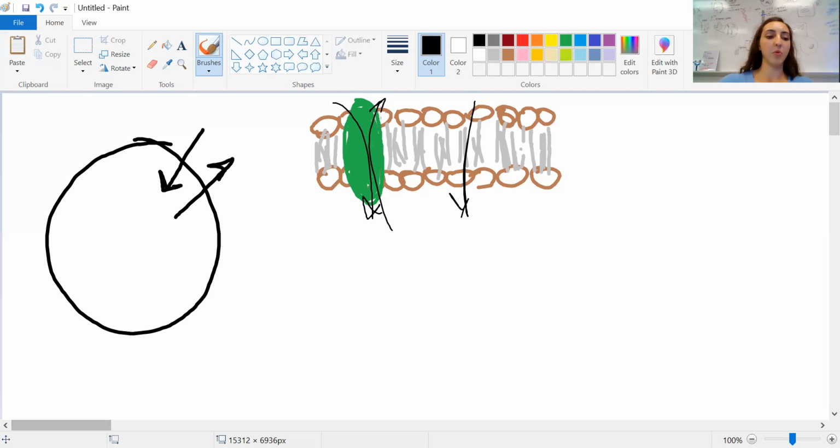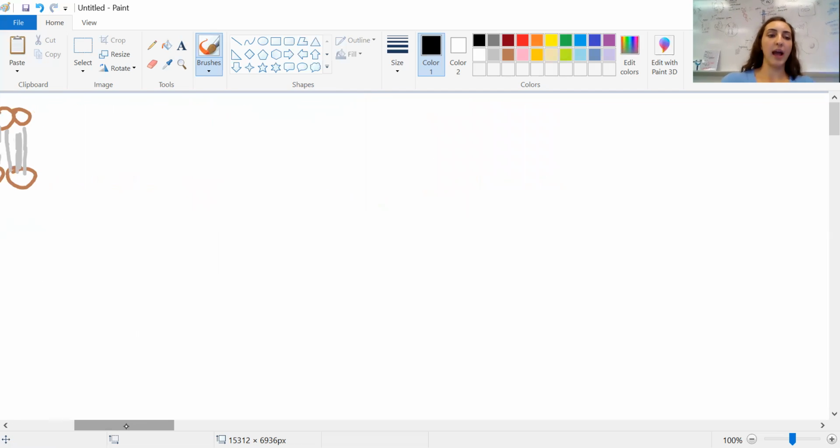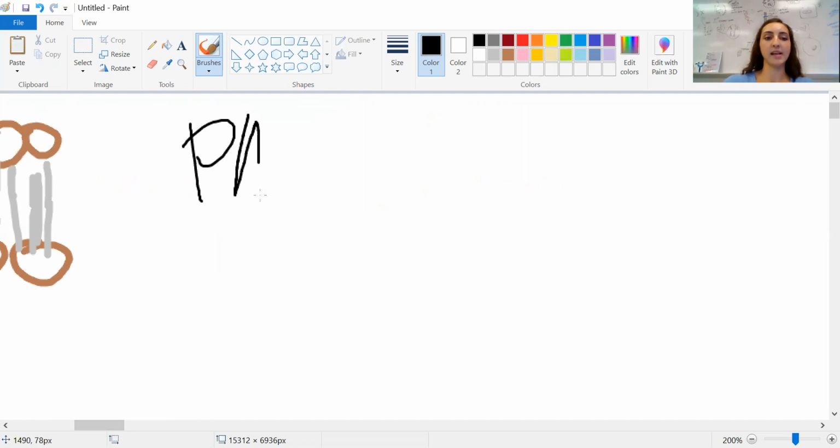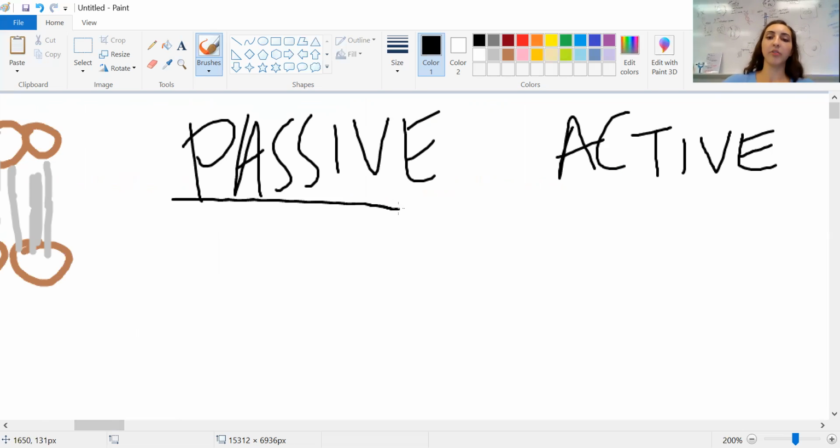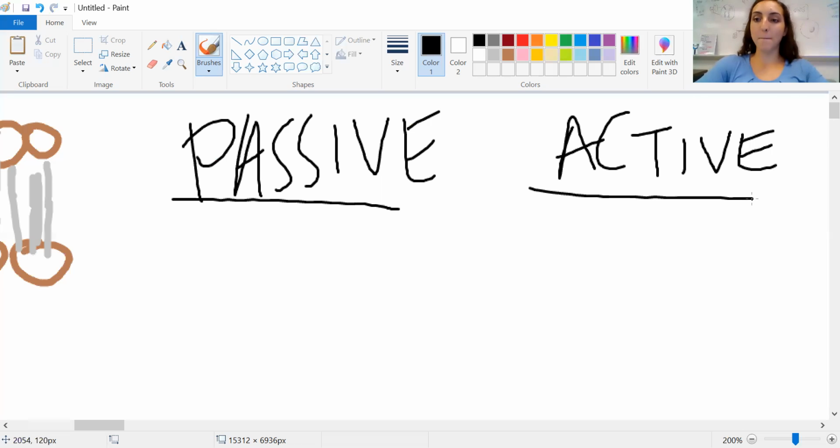So jumping in, we have two types. We have passive, let me zoom in a little. There we go, passive, and we have active. All right, so there's going to be three types of transport for both of these.